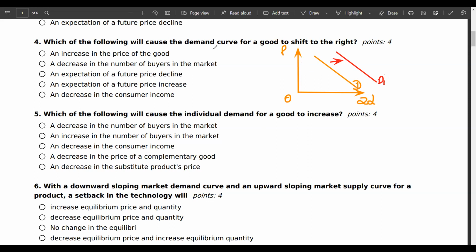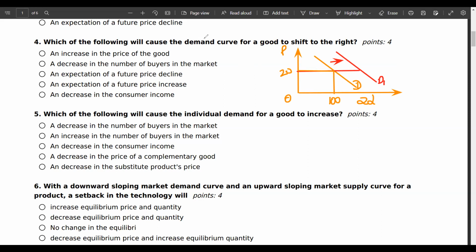Now, what could cause this? So here, as you can see, the price remains the same, but the amount that is demanded has increased. When the price was here, at 20 rupees, when the demand curve was the orange, old demand curve, demand was at this point, let's say 100.